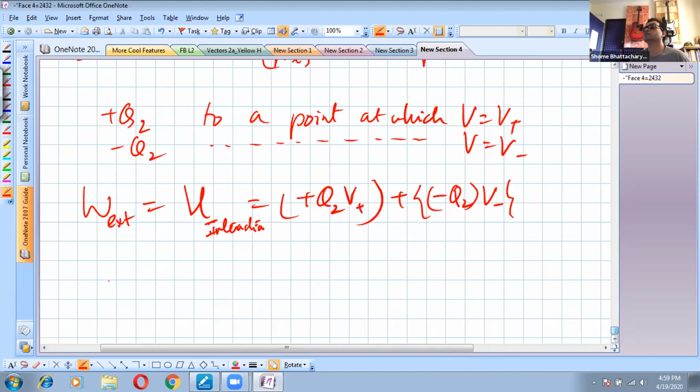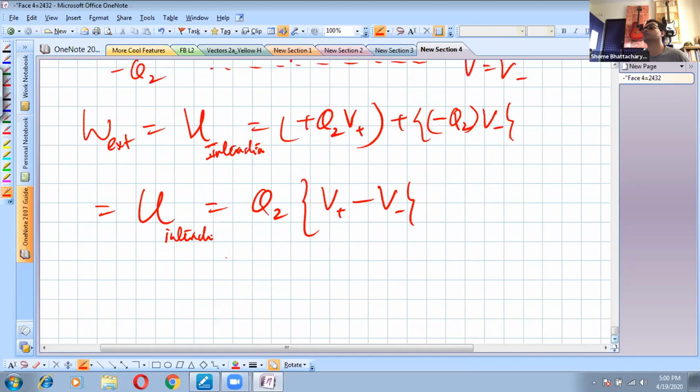So now just apply this. The interaction energy is becoming, you take Q2 common, and into V plus minus V minus. Now you see the rest of it becomes very easy. It becomes Kp1 divided by R square cos theta, into this one, which was 1 minus 2L by R. Correct.